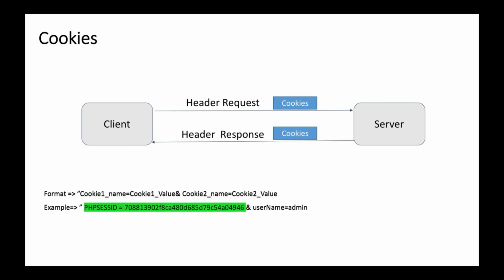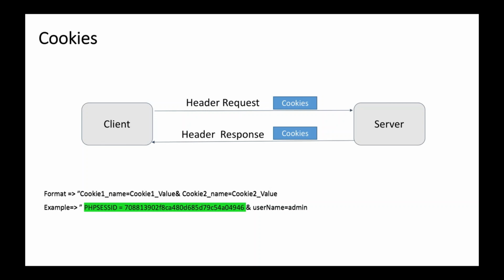So the idea about PHP sessions: this is a cookie that a PHP server sets in your machine to know the request is coming from you. It's just because HTTP is stateless, it doesn't know who the client is. So whenever it gets a request from any new client, it generates a random number, creates a cookie, and saves it in that client machine.